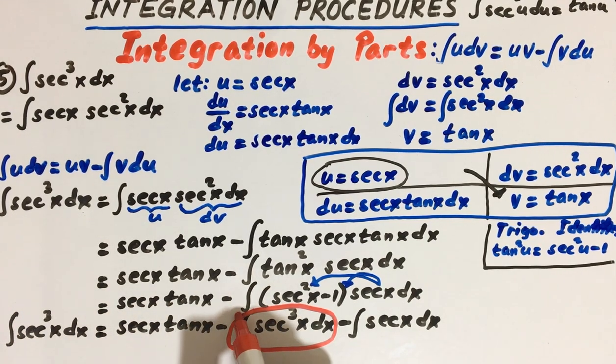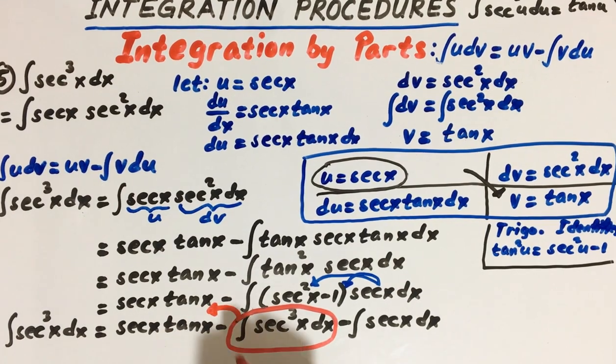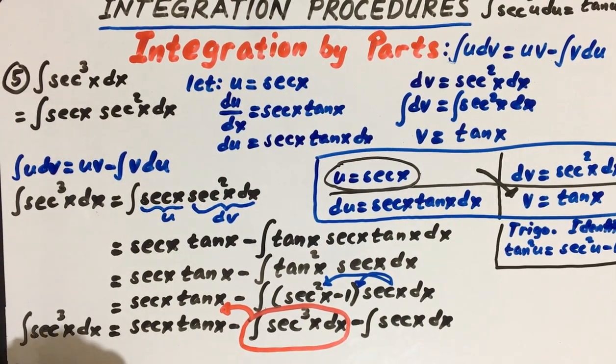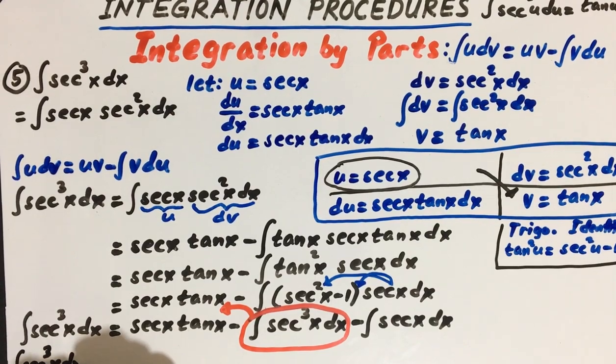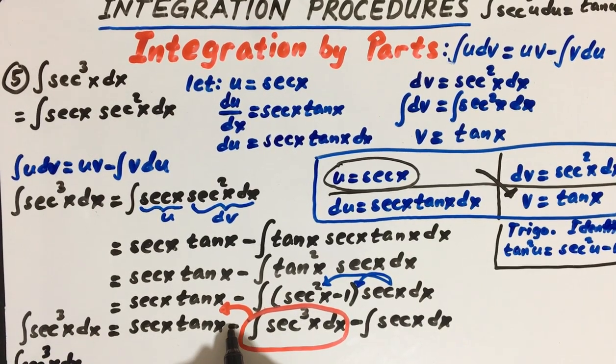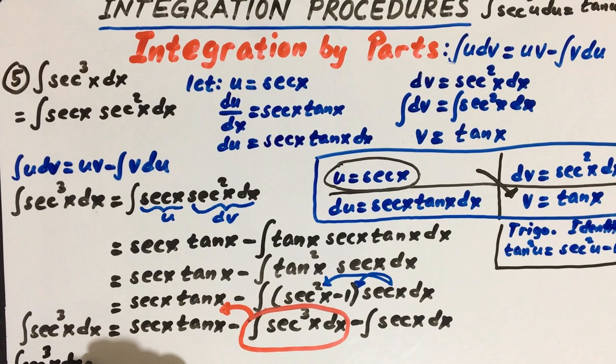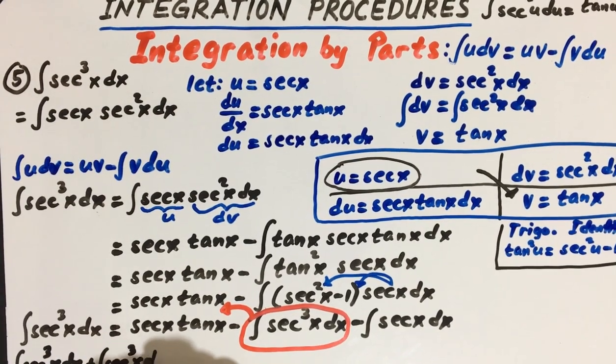When you transpose that one to the other side, on the left side we have the integral of secant cube x dx. This is negative, so when you transpose it to the other side, that becomes positive integral of secant cube x dx.